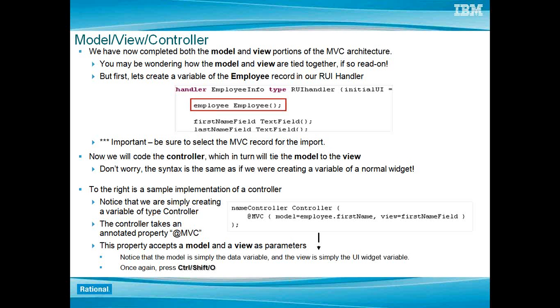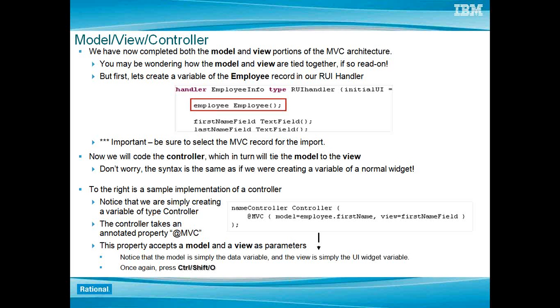You have to use a controller keyword name. First we have created a variable name. Its name is a name controller, and then its type is controller, and within the curly braces we have specified a few properties. We have some annotation property given here.